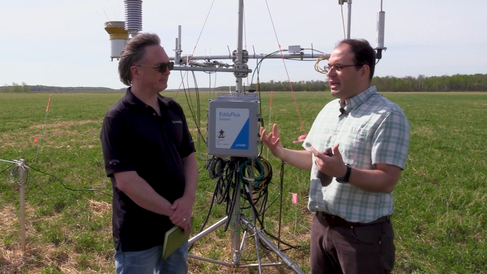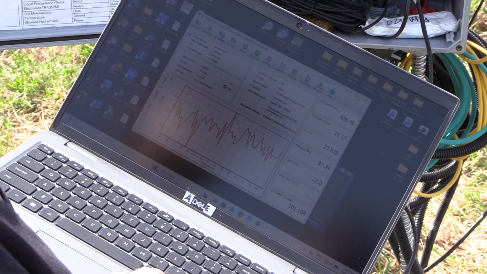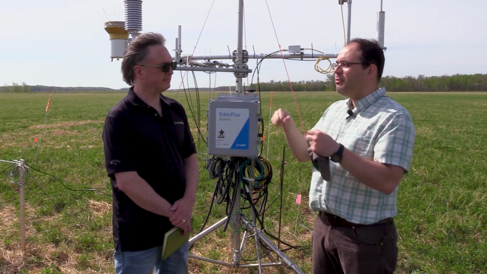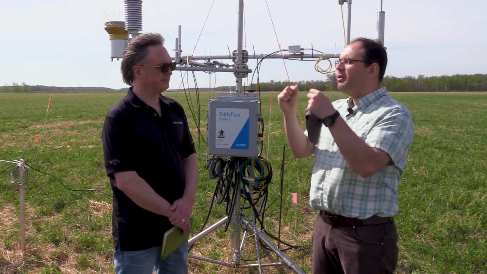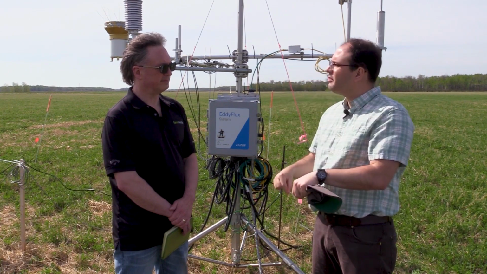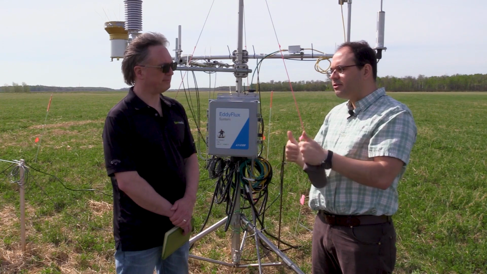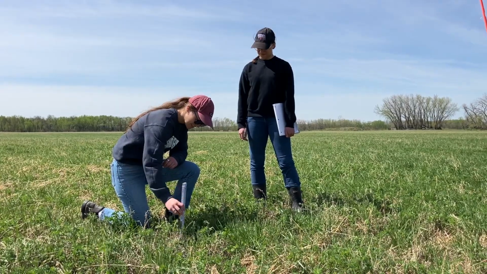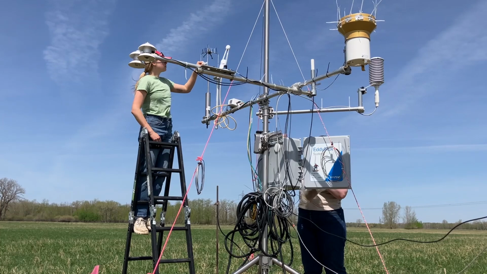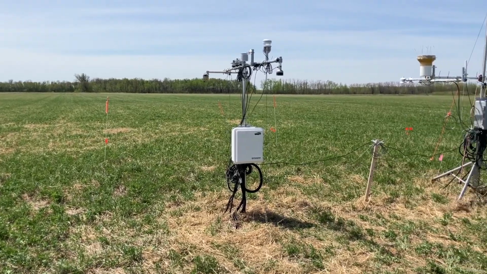The whole idea behind these flux measurements is that if we know the direction and velocity of the wind, and we know the concentration, we know whether the molecules of CO2 or water vapor are moving towards the surface or away from the surface, and that is essentially our flux. On a day like this, sunny with mild temperatures, the plants are active.